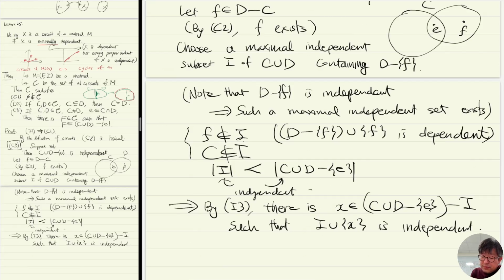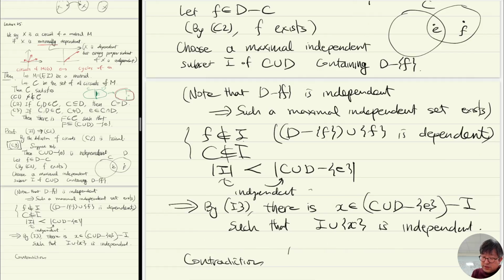Now, X cannot be F, right? Because I contains D minus F. So if I add F, then it's dependent. So X has to be inside C minus D. Contradiction.